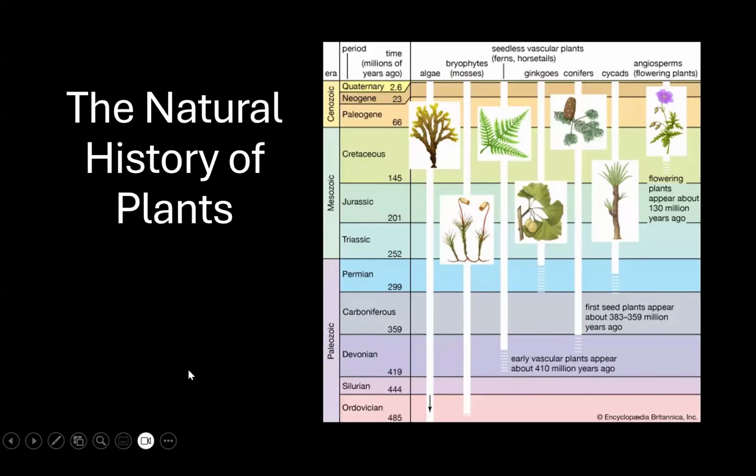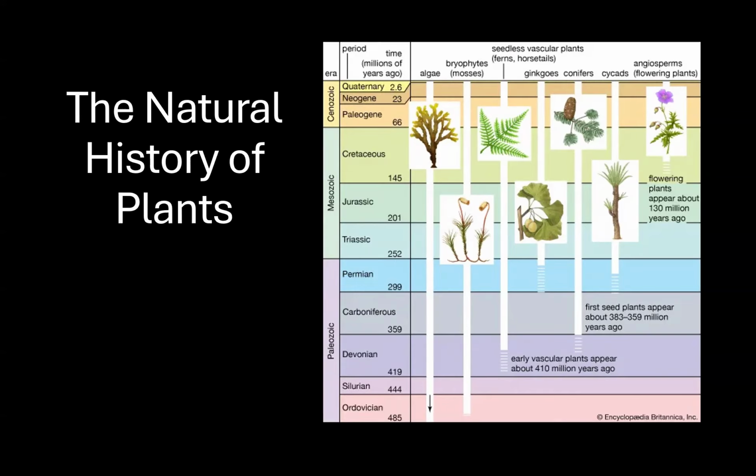So going back to this graph again, your algae, your mosses are very, very old. And from there, we get into what we call the Devonian era. The Devonian era is pretty crucial with our plants, because this is where our vascular plants are appearing. These are plants that contain internal tissue.